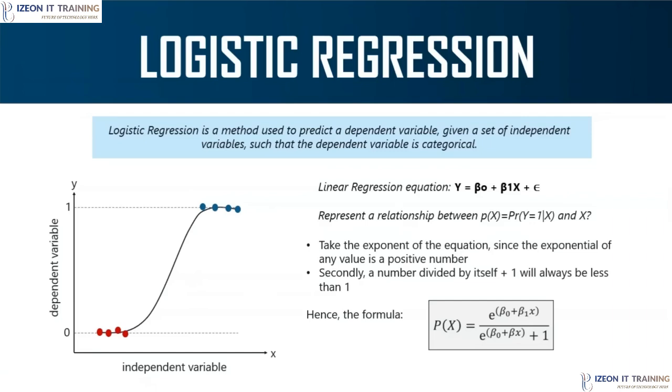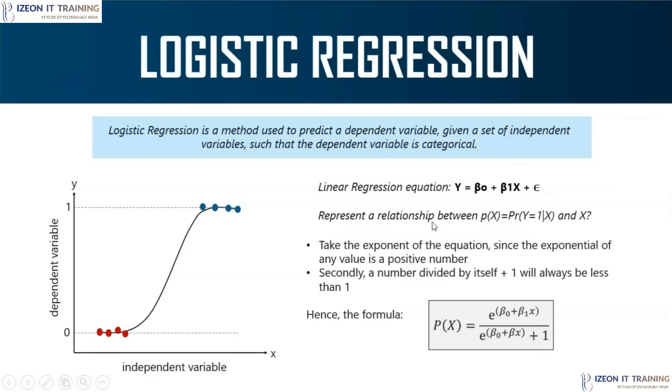To understand how logistic regression works, first let's take a look at the linear regression equation that we discussed. Y here stands for the dependent variable that needs to be predicted. Beta naught is nothing but the y-intercept. Beta 1 is nothing but the slope. And x represents the independent variable that is used to predict y. E denotes the error in the computation.